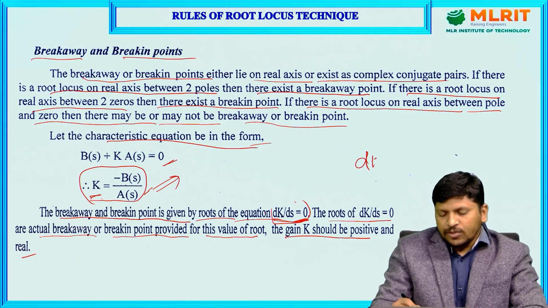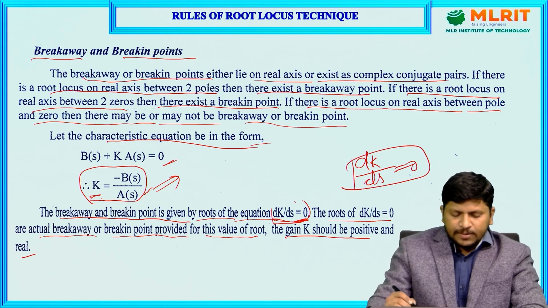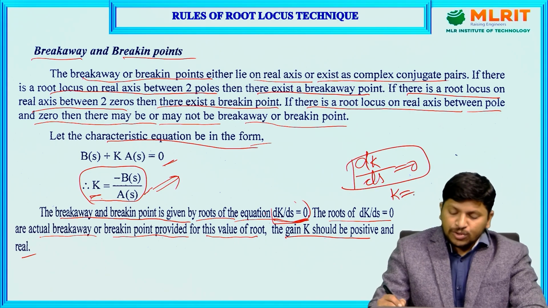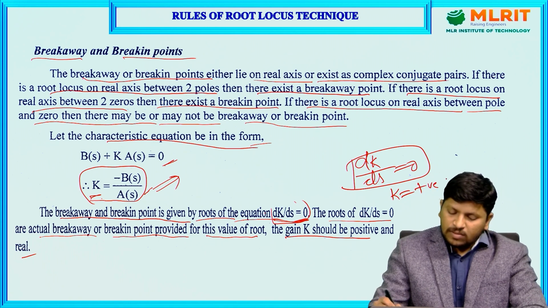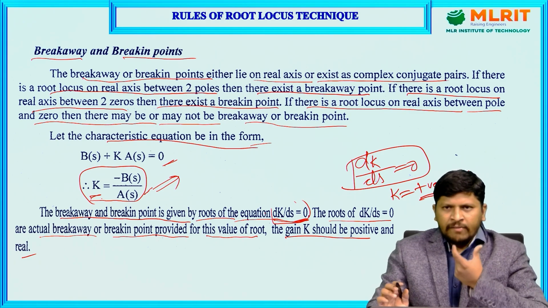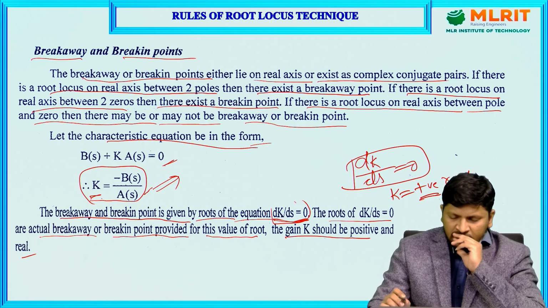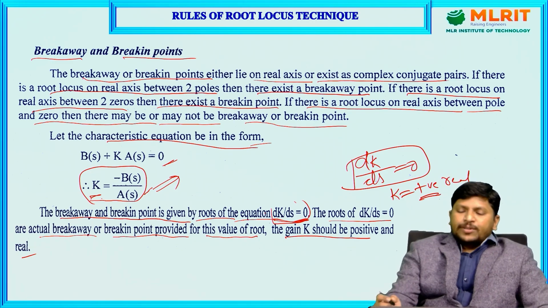So we need dk by ds equals 0, and the k value must be a positive real value. Then only is this a valid breakaway or break-in point.